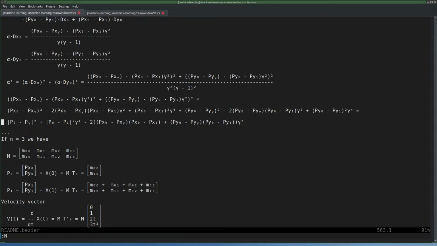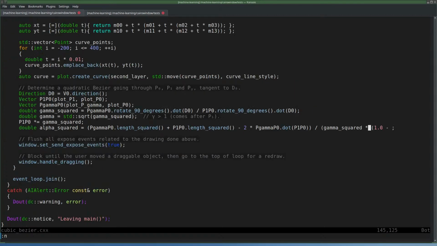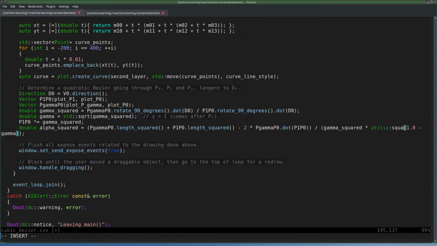Again, I forgot it. Divide by gamma squared, okay. Times 1 minus gamma squared. If you wish to do this differently, then just call del square.